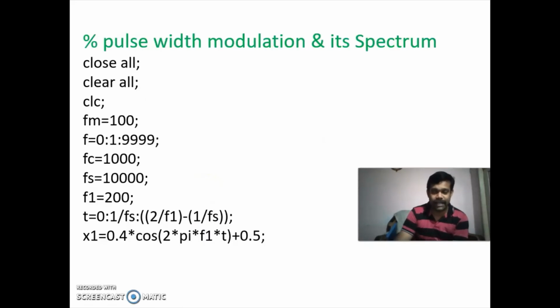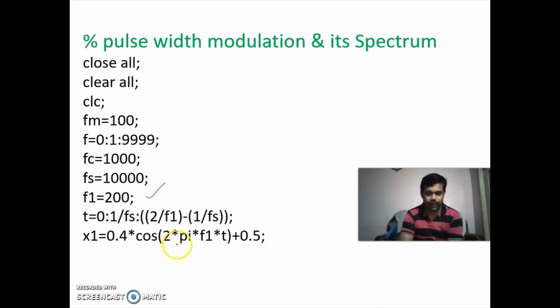Once again I will explain. First we are defining the initial things, that is we are closing all windows, then clearing all the variables and clearing everything in the command window. Then we are defining the frequencies, that is the carrier frequency, the sampling frequency and the frequency of the modulating signal.